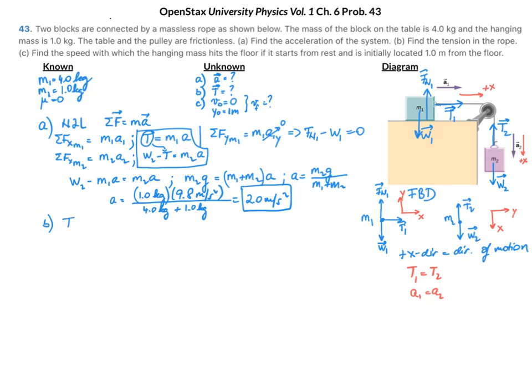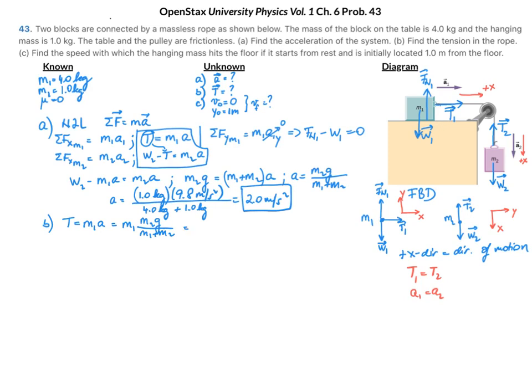So tension is m1a, and I'm going to rewrite it in symbol form because I rounded to get 2.0 meters per second squared for the acceleration, and I don't want to compound my uncertainty here.